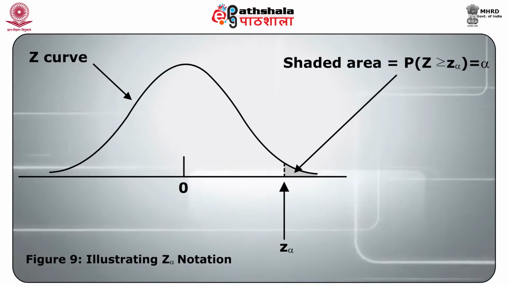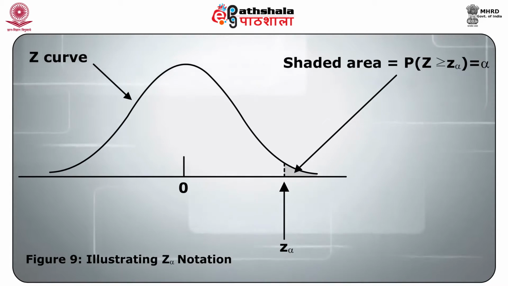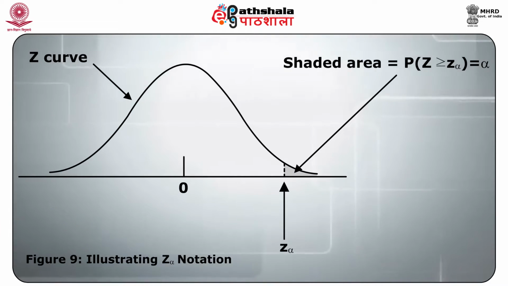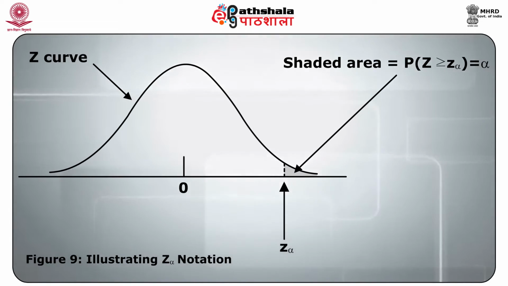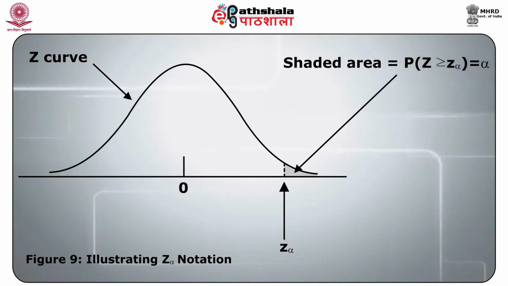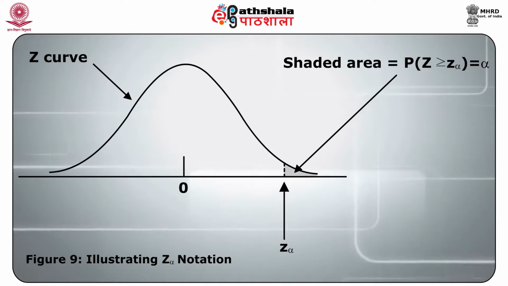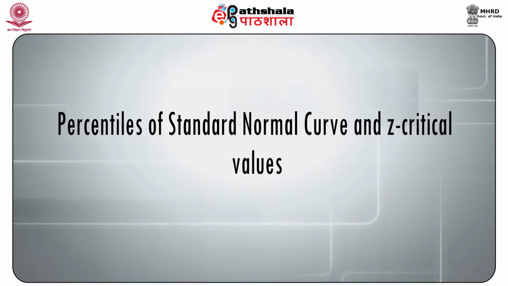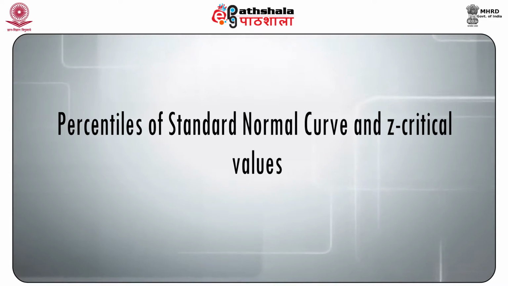Z alpha is often referred to as the Z critical value in hypothesis testing. Table 1 below gives the commonly used percentiles along with Z critical values required for inferential statistics. Table 1: percentiles of standard normal curve and Z critical values.